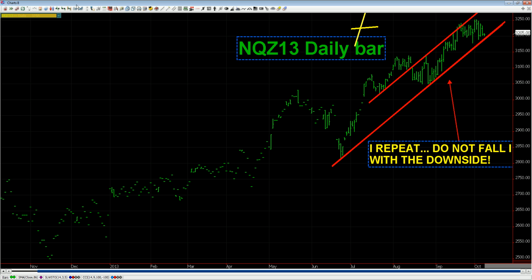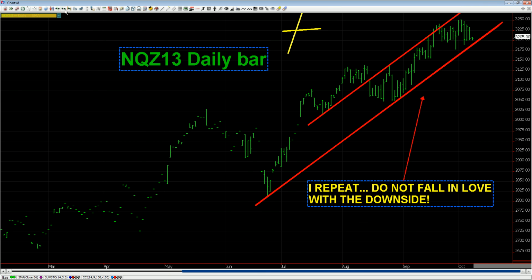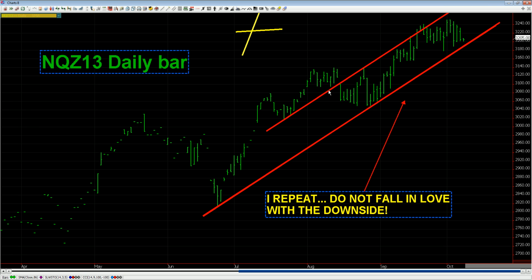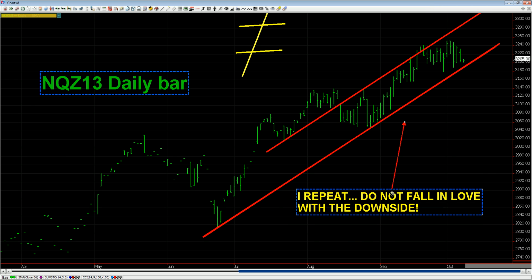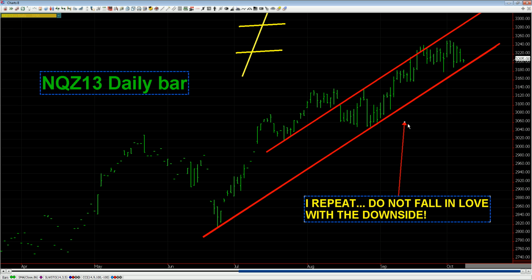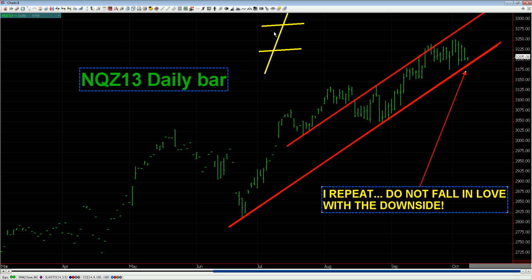Traders, we're looking at the Nasdaq right now. This is the Nasdaq daily bar chart, and I repeat, do not fall in love with the downside. More major support coming in right here. And traders, if you really want to look at what this is, it's not just support coming in.